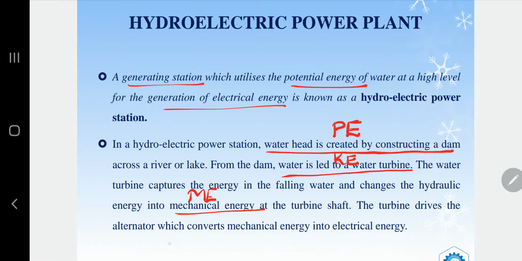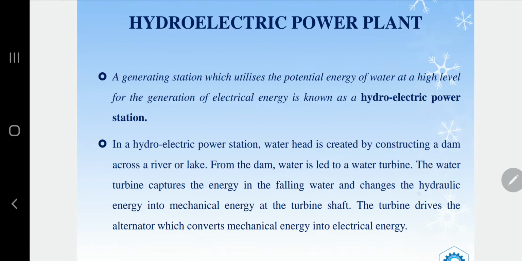The alternator converts the mechanical energy into electrical energy. These are the different conversions happening inside a hydroelectric power plant. Simply put, the potential energy of water is being converted into electrical energy. This is the working of a hydroelectric power plant.